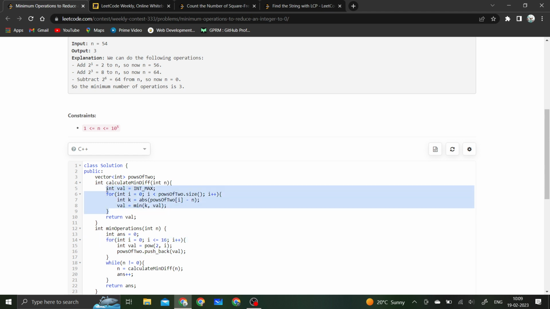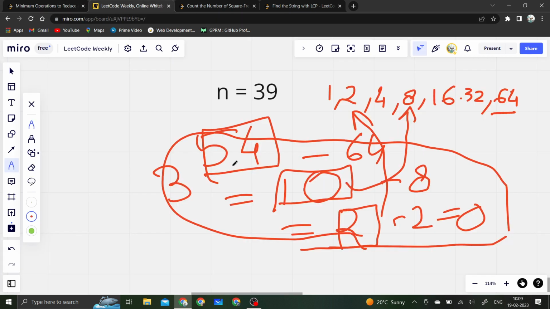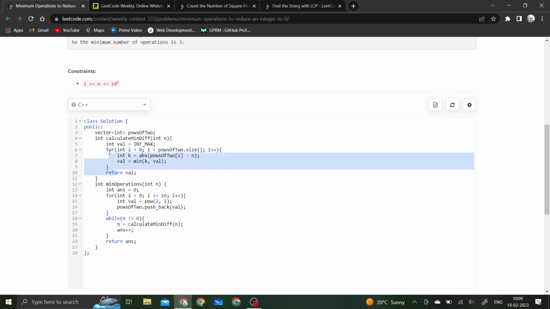And here we have simply calculated the minimum difference that we wanted, right? And inside of this loop, we are saying n is equal to this particular value, calculate minimum difference, right? So this is what we will be getting for each iteration, right? For 54, right now n is 54, but when we go inside of this function, what will we get?